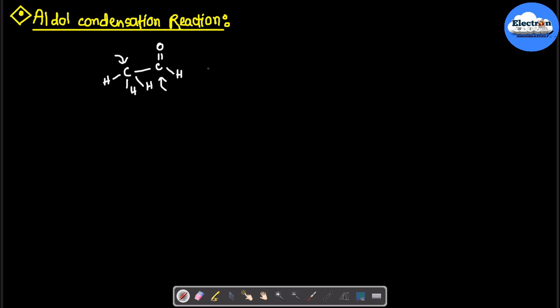If we use a base like sodium hydroxide, the OH minus of the base will abstract a hydrogen atom from this compound. The negative ion formed is an enolate. What is an enolate? The negative ion is formed here, and it conjugates with the adjacent carbonyl group, and the other hydrogens remain as they are.